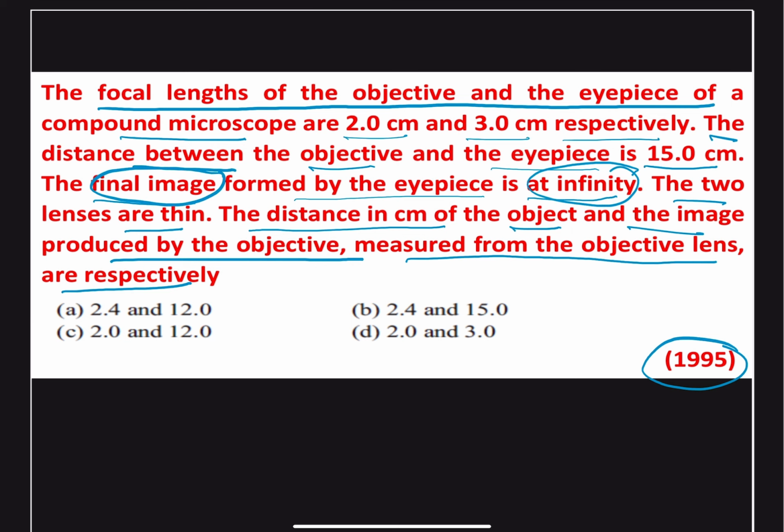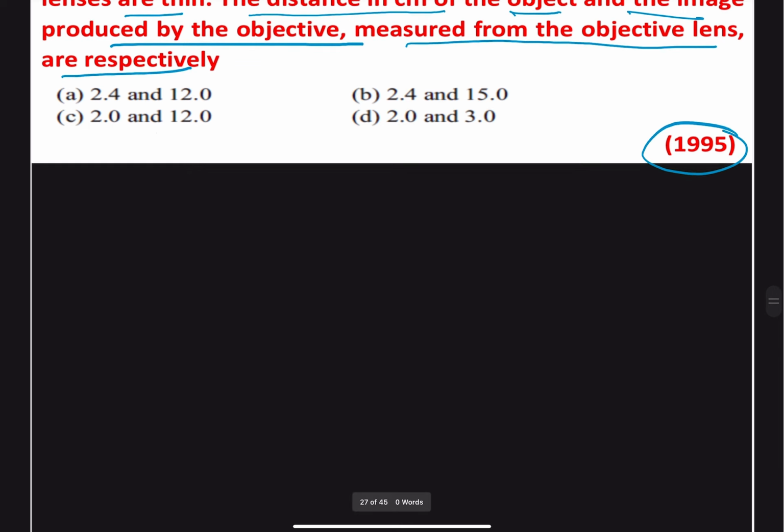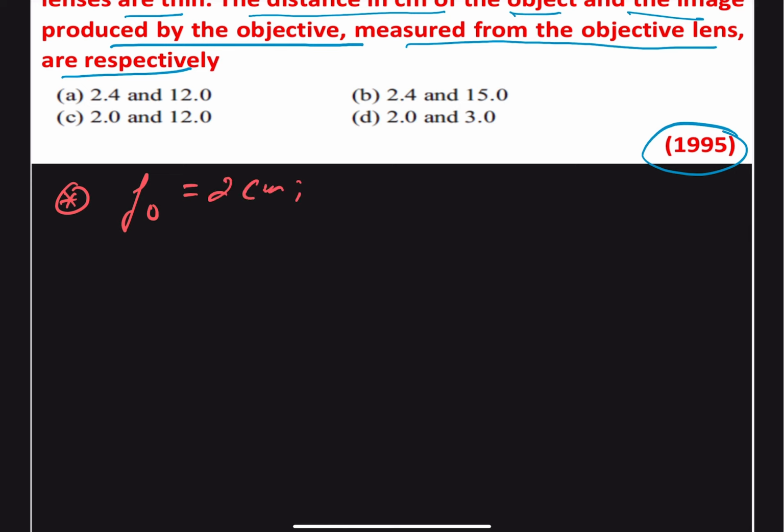And if the final image is formed at infinity, so therefore final image means because of both objective and eyepiece is at infinity. Therefore, the eyepiece must form an image at its focal point. Okay, so that's the most important part here. So we are given the focal length of objective, that is our f naught, this is our 2 centimeter.